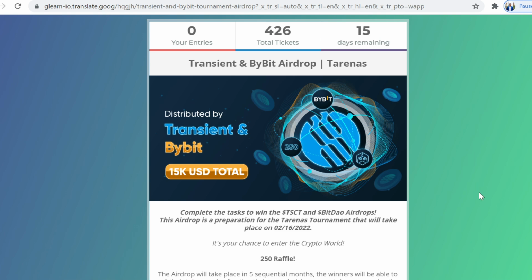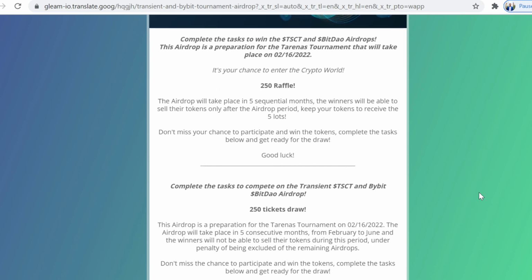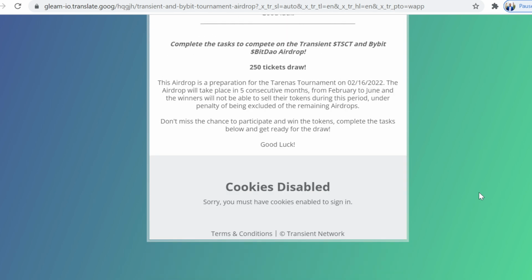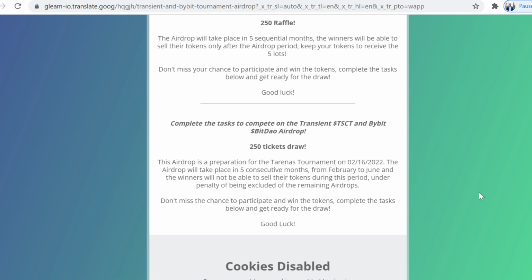Now, when it comes to the airdrop, if you complete the tasks provided in this particular submission form, then you are eligible for a potential share of the airdrop prize money. And again, we're talking big. The airdrop is going to be really big. The airdrop is in preparation for the tournament on the 16th of February 2022.